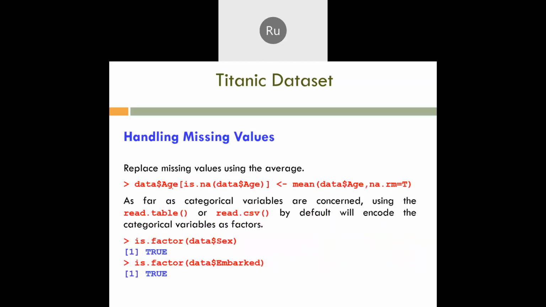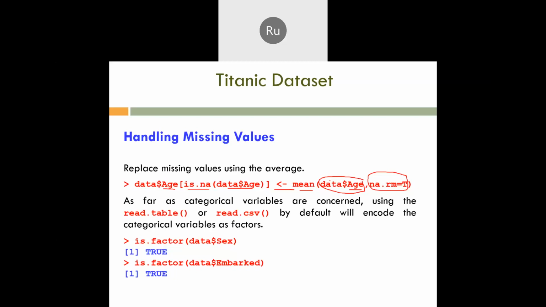And for all the data which is missing in the age, okay, you can check, for all the data that we have in the age which is not applicable, I will assign them the value of the mean age, okay, not including the not applicable, meaning that I'm getting the mean age only from those that exist.